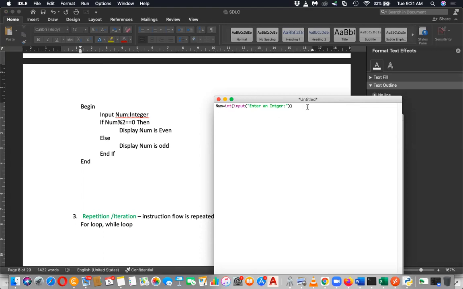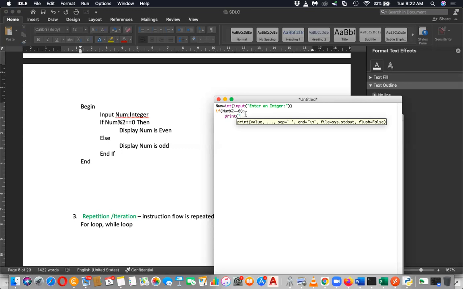Then you have to check if this num modulus 2 is equal to 0, colon, then print. This colon and space is a must, so you have to use the same syntax.